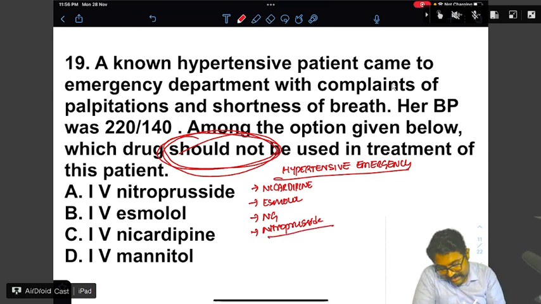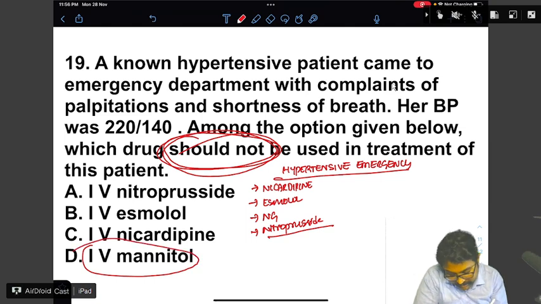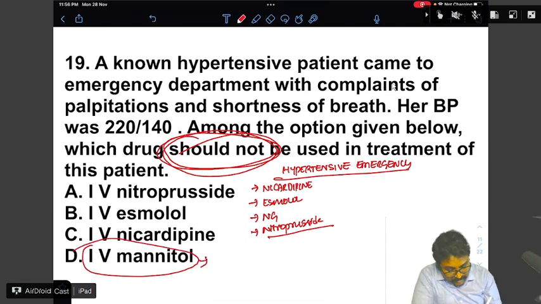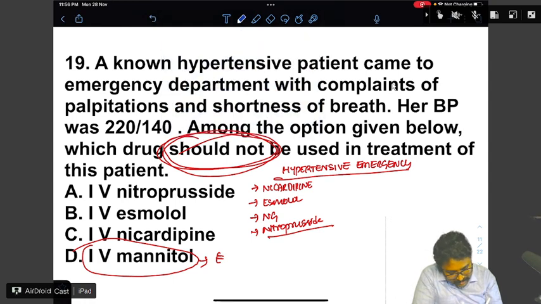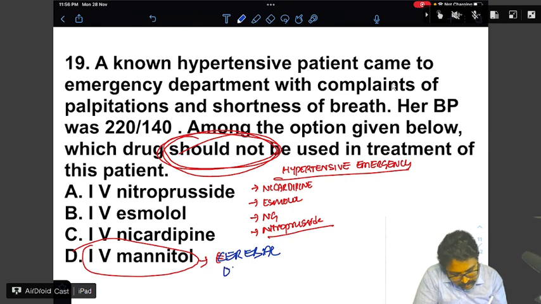But mannitol is the odd man out here. Mannitol is given in case of cerebral edema. If the patient had cerebral edema, this could have been one of the options.